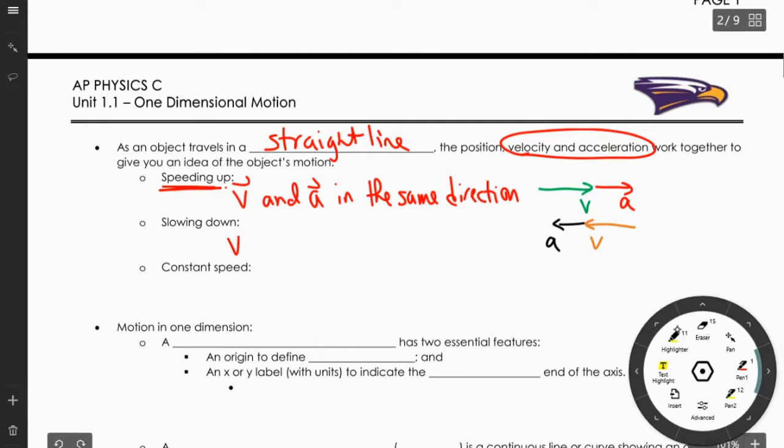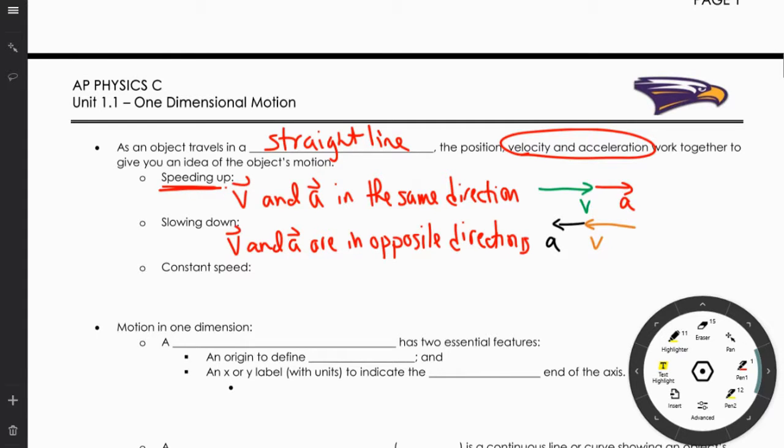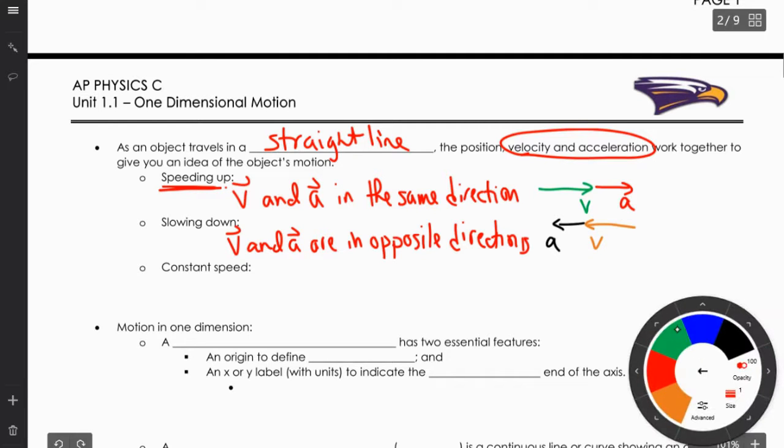Now, how do we slow an object down? Well, v and a are in opposite directions. I'll write constant speed here real quick. If I have a velocity vector heading this way and an acceleration vector heading that way, they're going to work against each other.